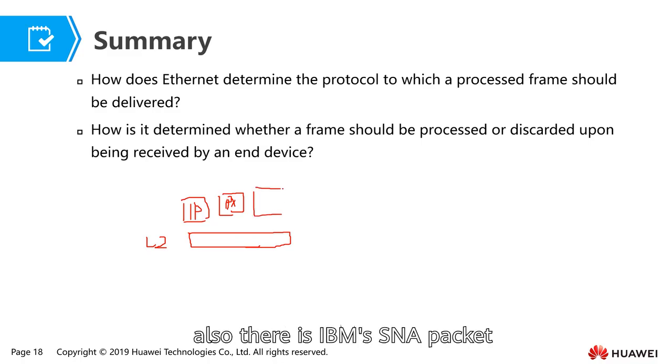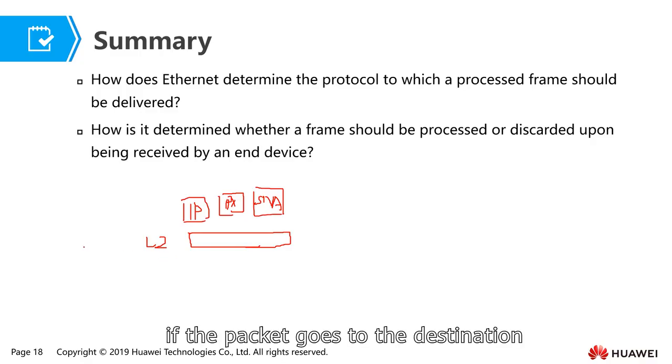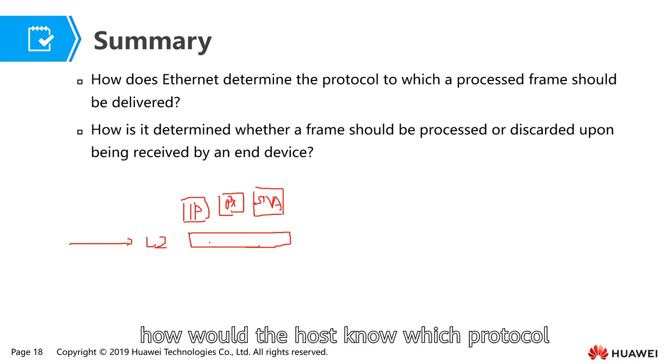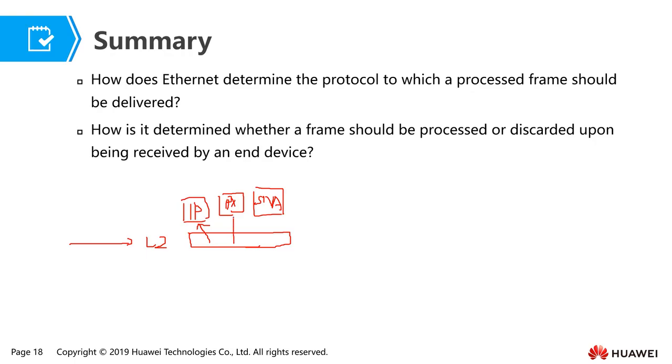Also there's IBM's SNA packets and other protocols and so on. Then if the packet goes to the destination, how does the host know which protocol should process this data?